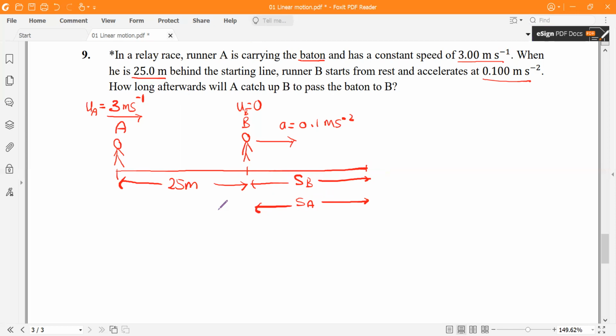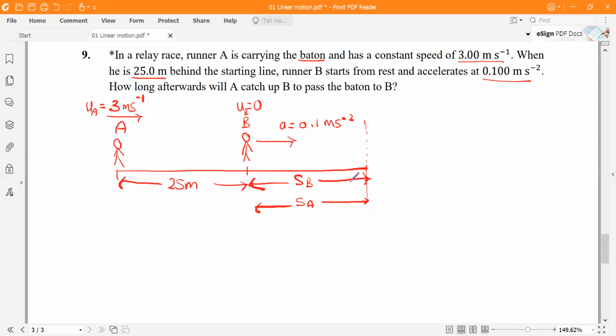You need to understand that. If you don't, then you're not able to relate. Only if the distance traveled by A, at constant speed, is equivalent to the distance traveled by B, who is accelerating, can the baton be passed at a particular point.